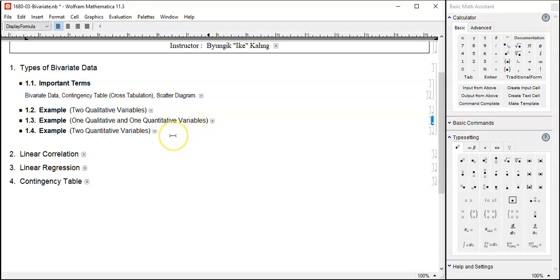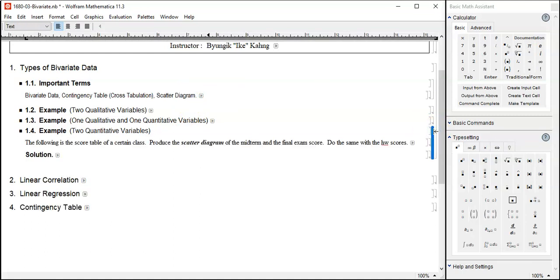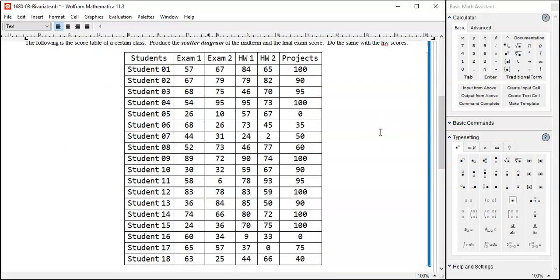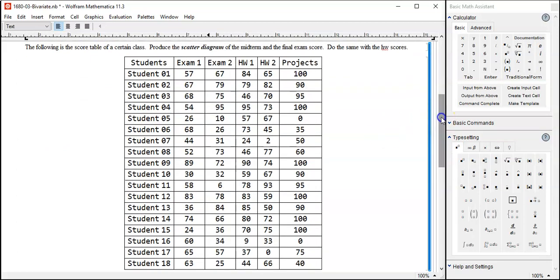Now, another important topic here. When we have 2 quantitative variables, we are going to get something called a scatter diagram. Let me show you. Here's a data set, actually the same data set, and let's create a bivariate data set associated to 2 quantitative variables.